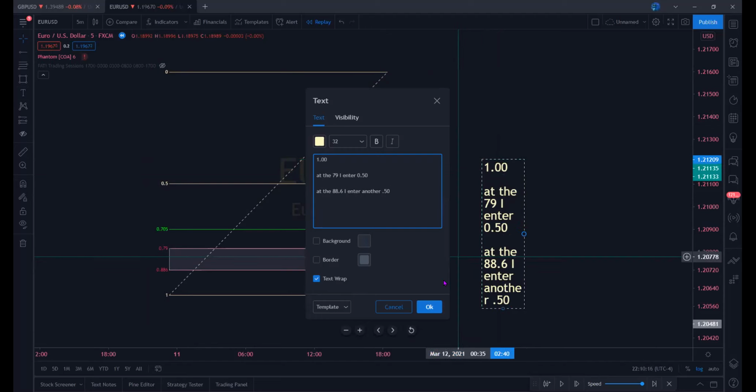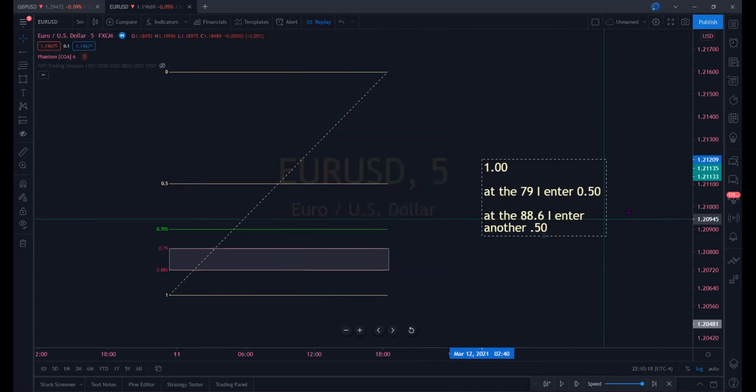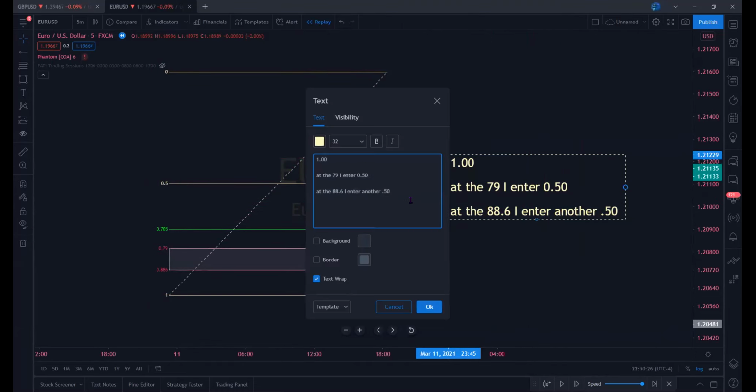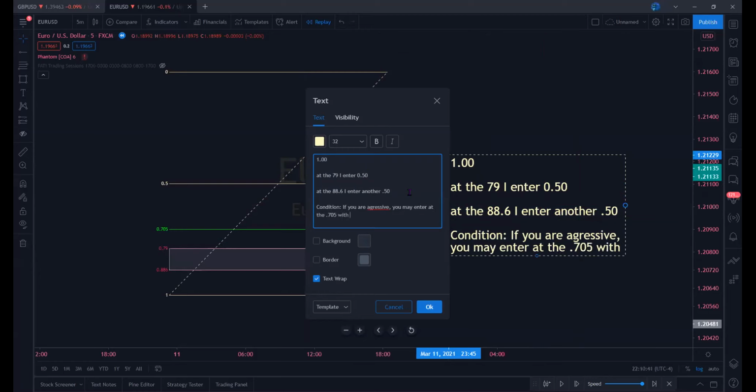Now, what you also can do, if you want to trade aggressively and be in the trade no matter what, is add a quick condition: if you are aggressive, you may enter at the 0.705 with half lots.